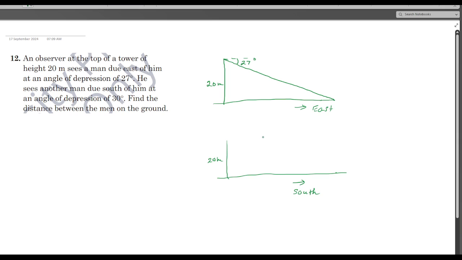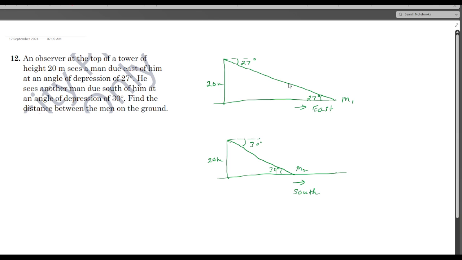So the angle of depression here is 30 degree. The angle of depression is 27 degree for the first man, M1, and for the second man, M2, it is 30. By the alternate angle concept, this is 27 and this is 30 degree.